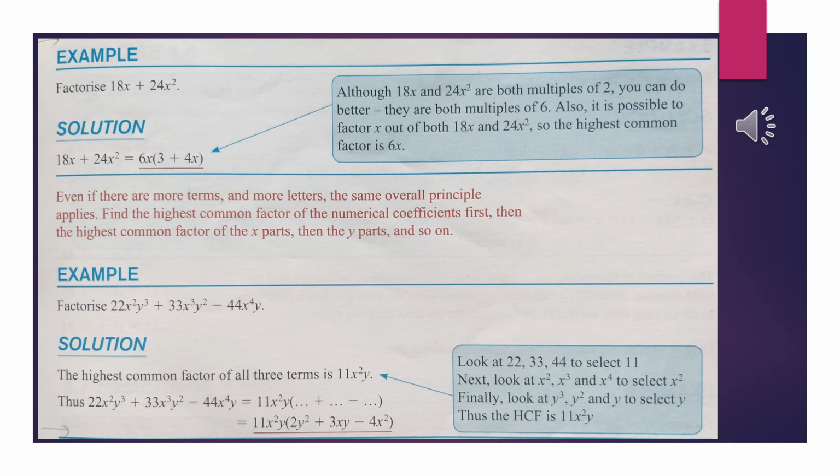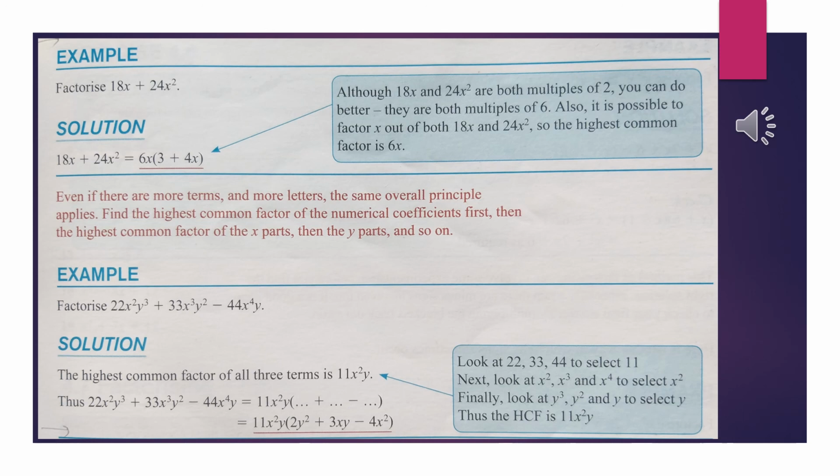The highest common factor of 22, 33 and 44 is 11. Then x to the power 2, x to the power 3 and x to the power 4. The lowest power is x to the power 2. y to the power 3, y to the power 2 and y to the power 1. Lowest is y to the power 1.